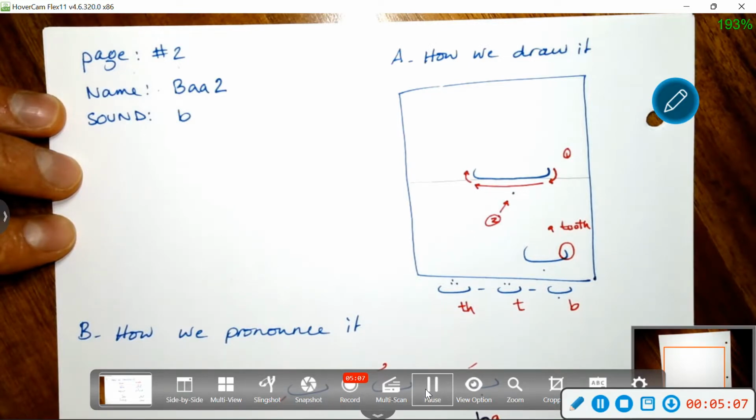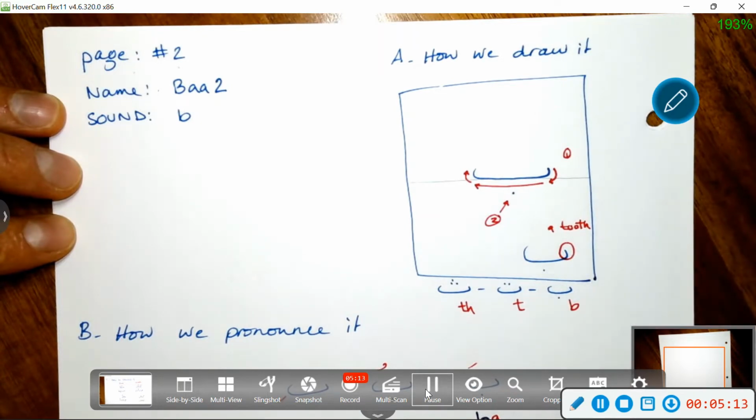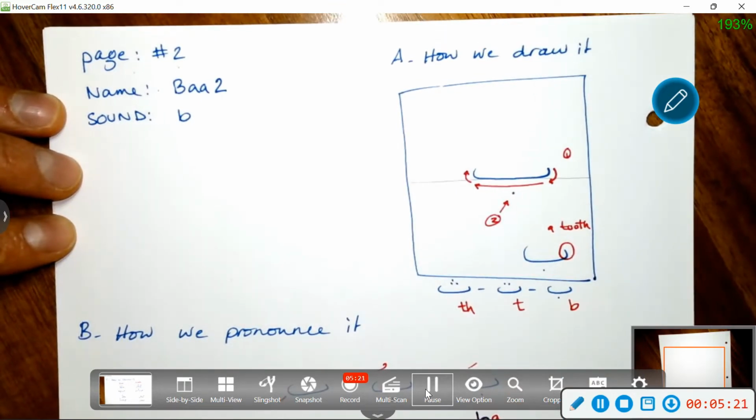And as we said, when you connect it, only the tooth with a small line remains, and the tail at the end disappears. Baa, double A is the long vowel. Boo. Bee. So ba, boo, bi, and baa, boo, bee.